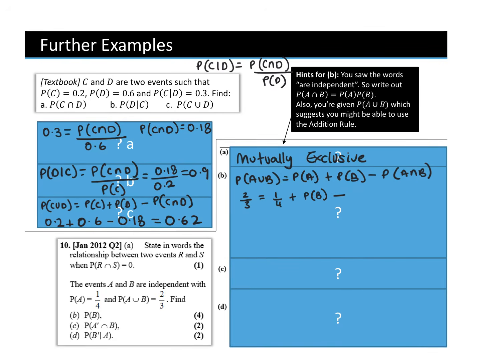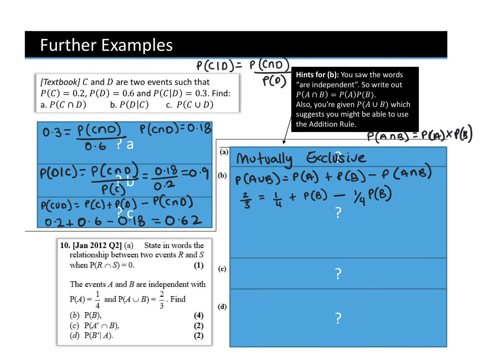So if they're independent, what is the rule? The rule is the probability of A intersection B equals the probability of A multiplied by the probability of B, doesn't it? So instead of writing the probability of A intersection B, I'm now going to substitute this in. This is going to be a quarter times the probability of B.